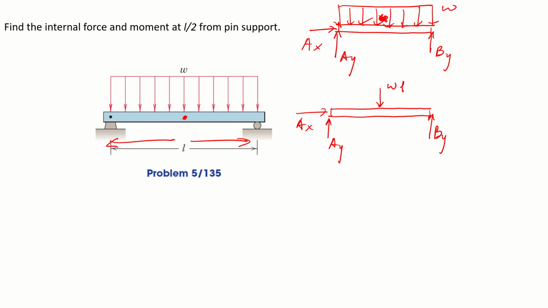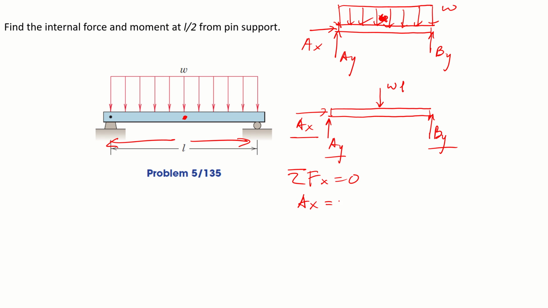As usual, if we have a free body diagram, we will have three equations to solve all of the unknowns, and in this case we have three unknowns as well. So it fits well. Sigma Fx equals 0 in this case, because nothing is there except for Ax.